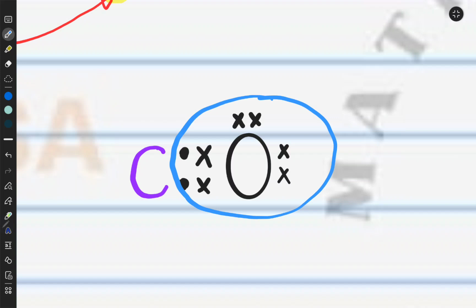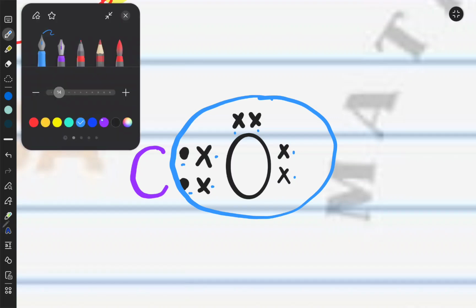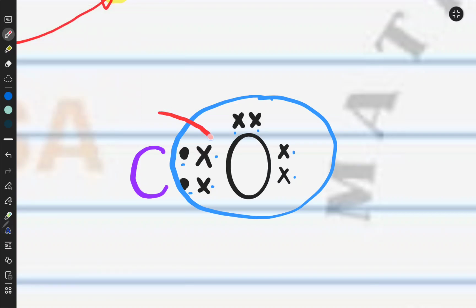If we count the number of electrons now that oxygen has, it's 1, 2, 3, 4, 5, 6, 7, 8, right? So it has 8 electrons now in its outer shell. Okay, so it's complete now, it's fine, it's happy. But how much does carbon have? Carbon at this point has these ones.